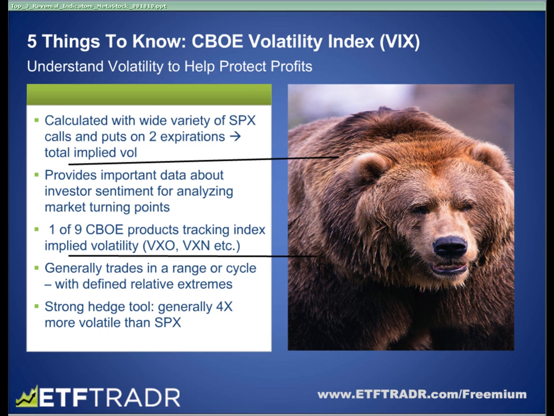A lot of people want to say that the VIX is skyrocketing, like it was in 2008, like it was earlier this year. But in reality, the VIX trades in a range. It's going to break that range every once in a while when you have those extreme moves. But by and large, going back to 1993, you're going to see the VIX typically trades in a range of, on a low end of 10, but typically between 15 and 25 max.